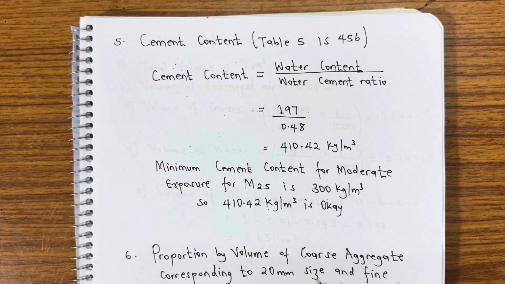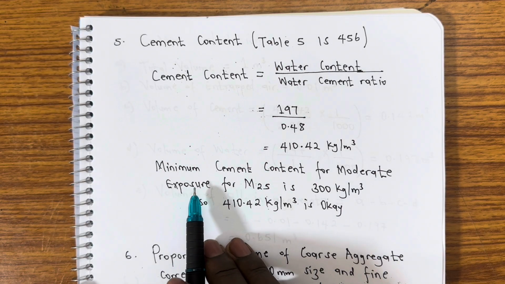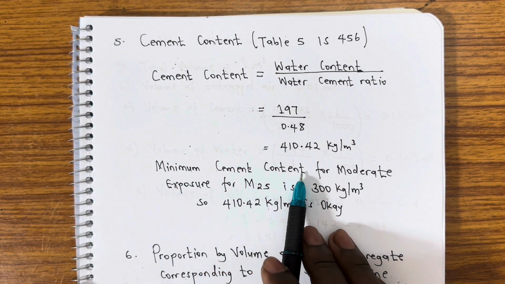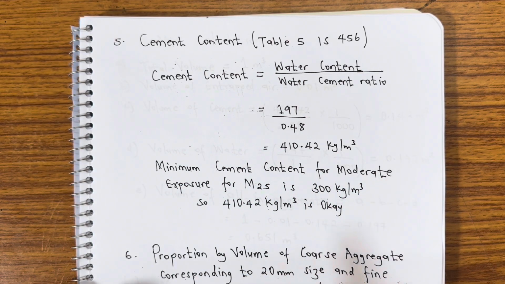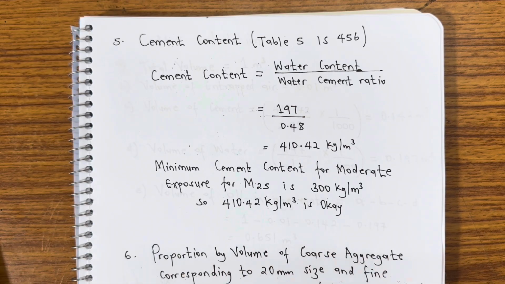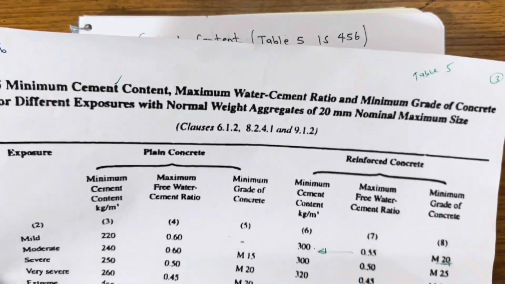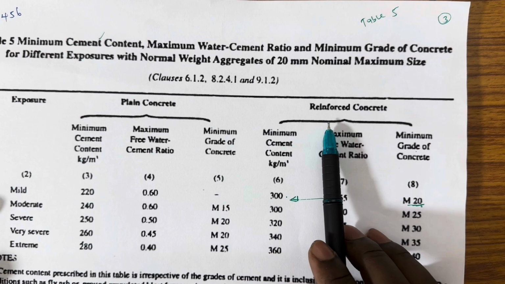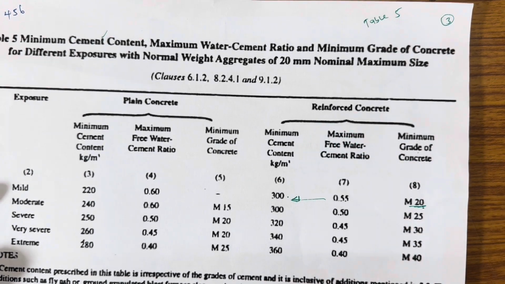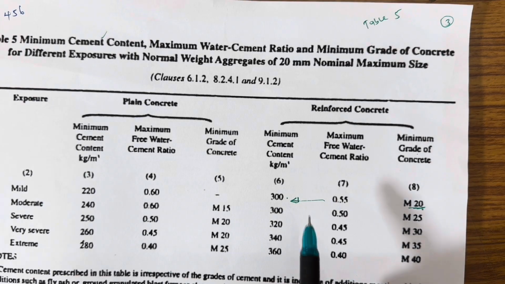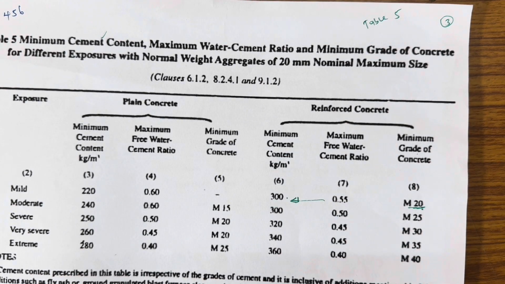Now, according to the table, it provides us the value of minimum cement content for the moderate exposure. So look at the table first of all. We're considering the beam, which is reinforced concrete. The minimum cement content is according to the grade of concrete that we have.